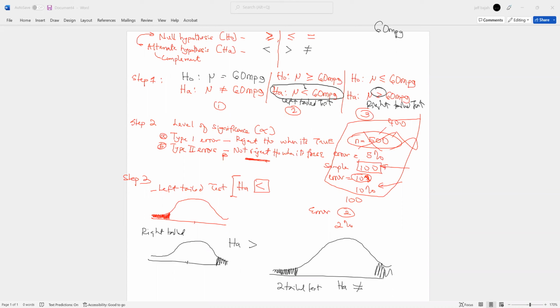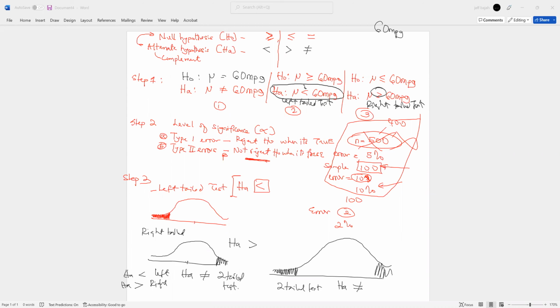So let me rephrase again. When HA has the less than sign, we know it's a left tail test. When HA has the greater than sign, then we know it's a right tail test. When HA has the not equal to sign, then we know this is a two-tailed test. Right?